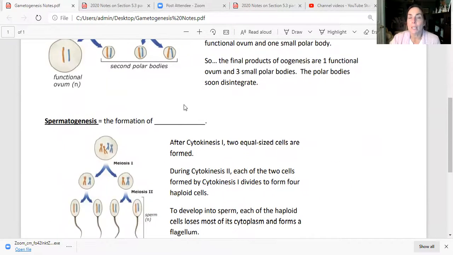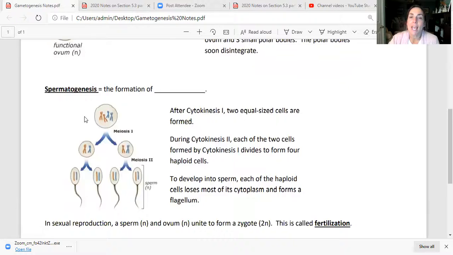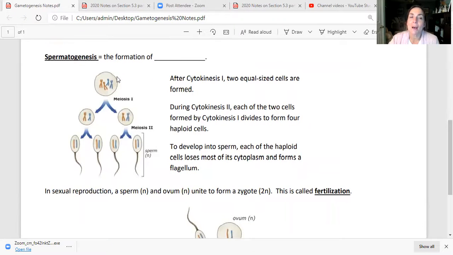If we're forming the male gametes, which of course are sperm, then this process is called spermatogenesis. And you see that here the cells divide equally. So it's not like with the ovum being formed. After cytokinesis 1, you have 2 equally sized daughter cells. In cytokinesis 2, each of those daughter cells separates into 2 equally sized daughter cells.